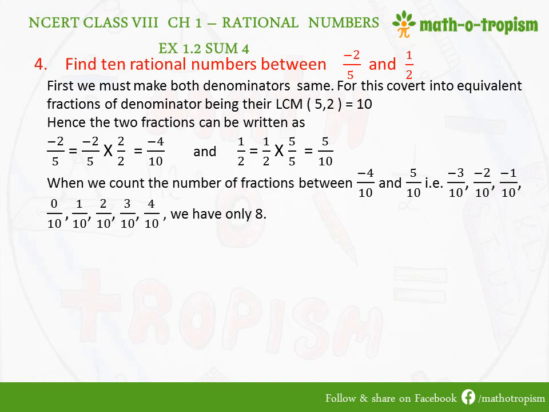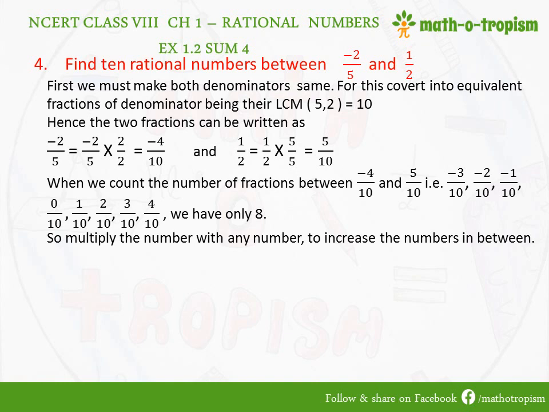Now when we count the number of fractions between minus 4 by 10 and 5 by 10, we have minus 3 by 10, minus 2 by 10 and minus 1 by 10, 0, 1, 2, 3, 4 all divided by 10. So we have only 8 rational numbers in between minus 4 by 10 and 5 by 10.